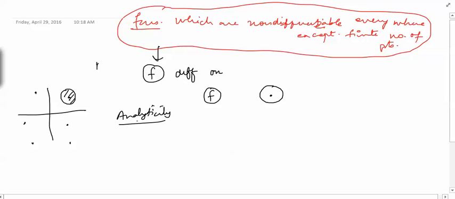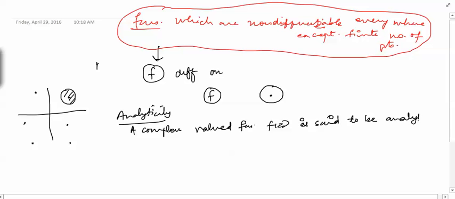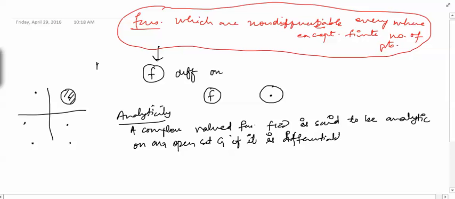A complex valued function f of z is said to be analytic on an open set G if it is differentiable at every point of G, okay?